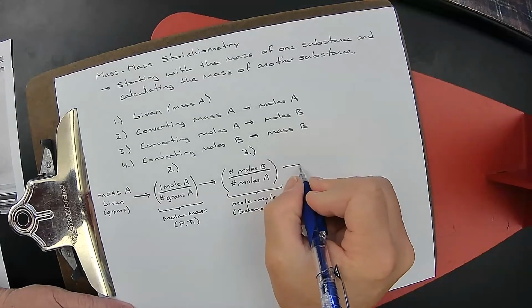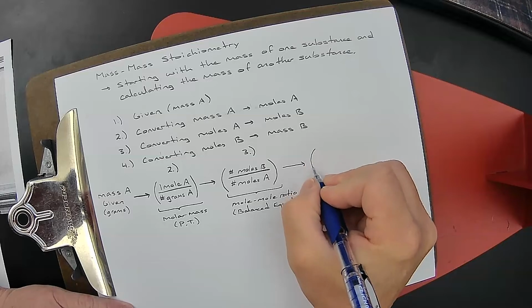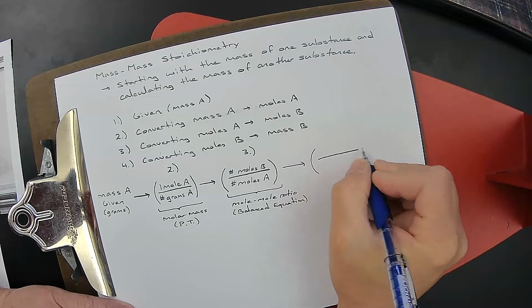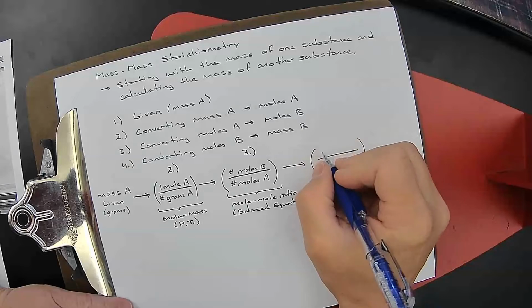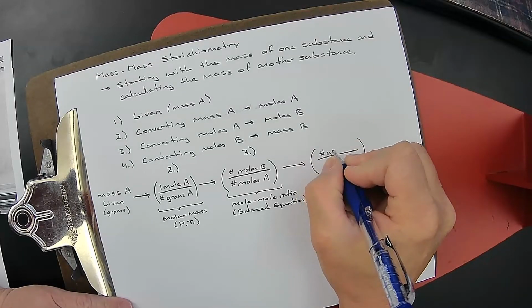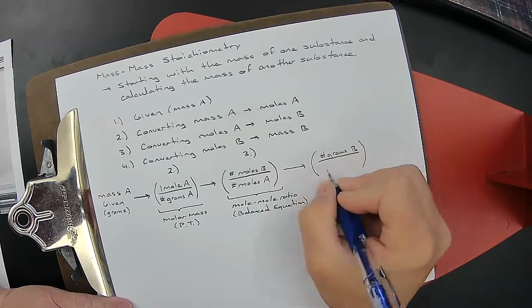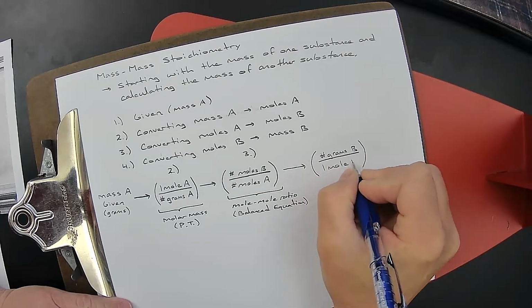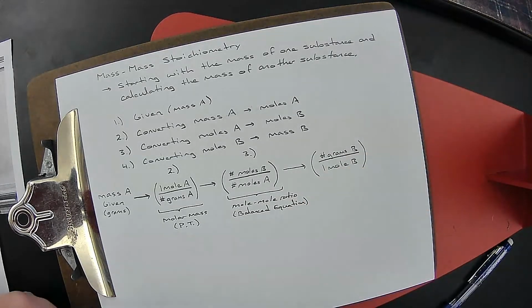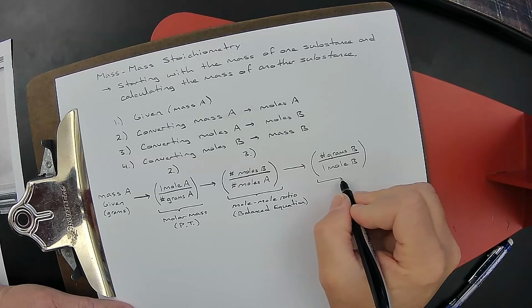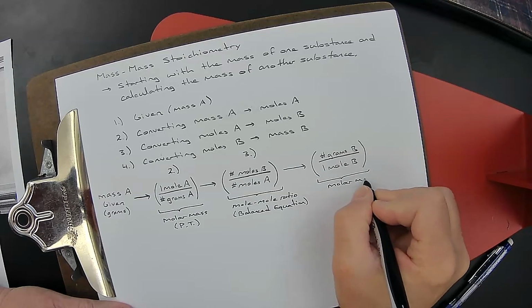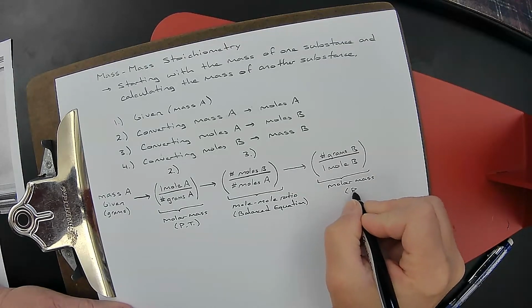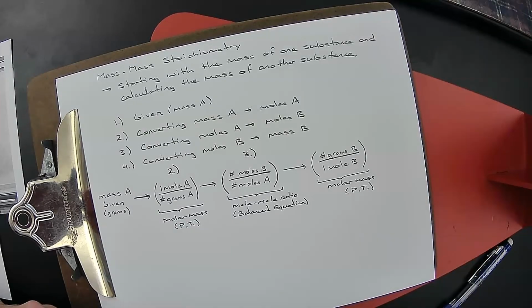And then our last step will be just like our first step, but the opposite. We will look at the number of grams of B over 1 mole of B. And once again, this is the molar mass that's found from the periodic table.